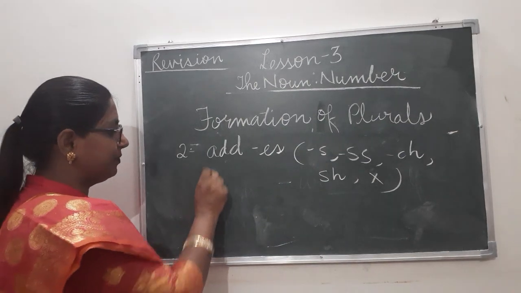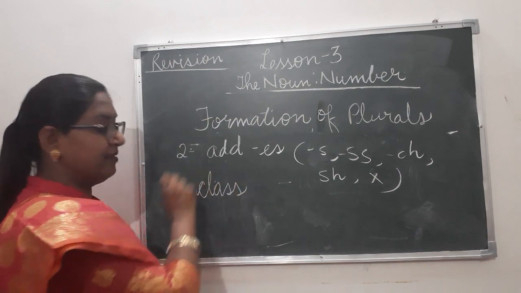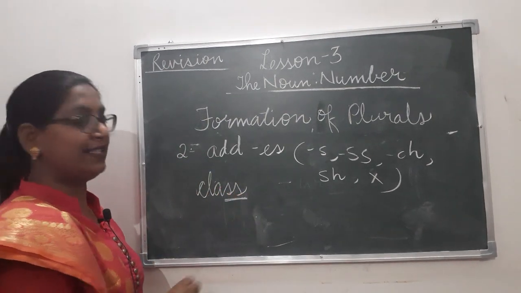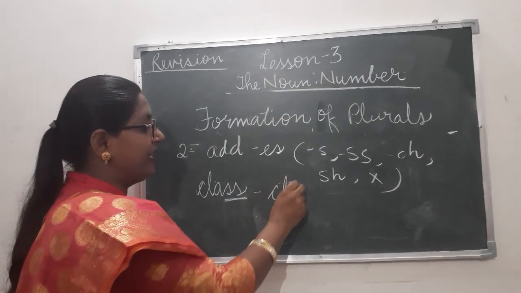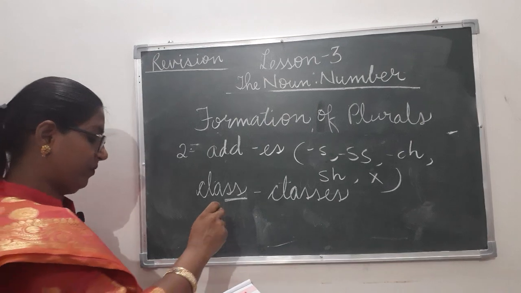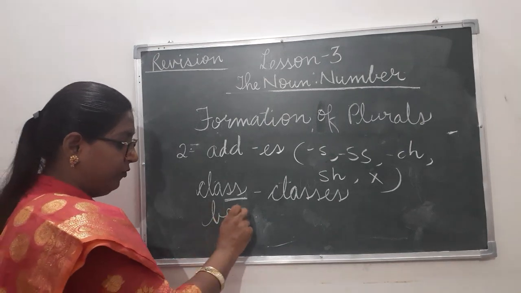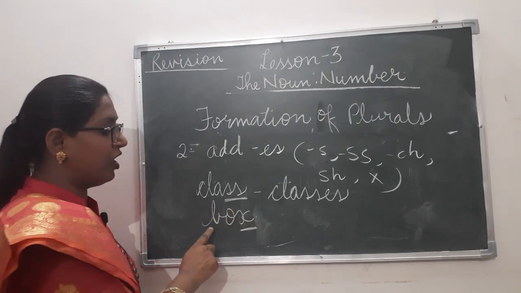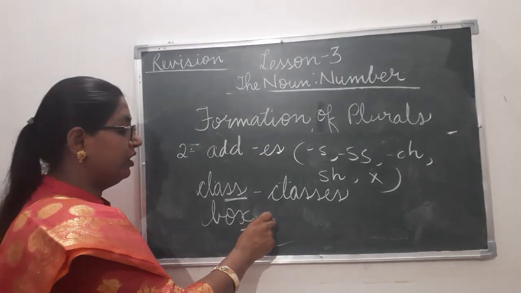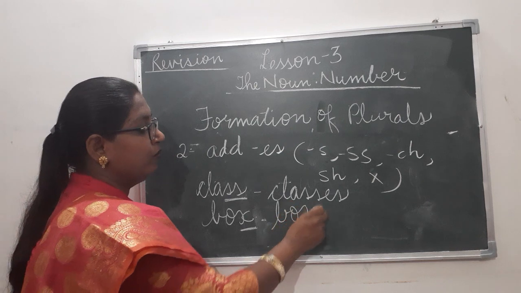For example, class. The word class is ending with double s. So it becomes classes. For example, the word box, it is ending in x. So it becomes boxes.